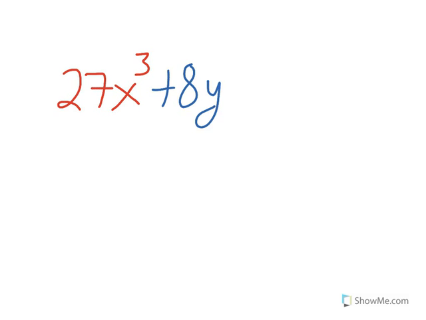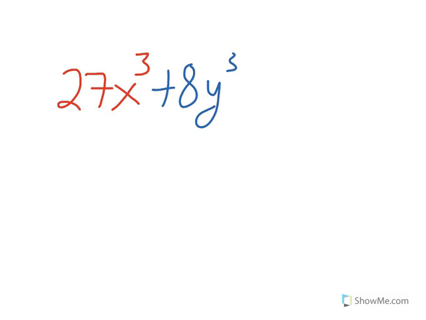Alright, this next one is a little bit tougher, and for the last problem, I want you to try it and see if you can get it. So 27x cubed plus 8y cubed. So pause the video. I want you to try to do it, and then watch and see if you got the answer.